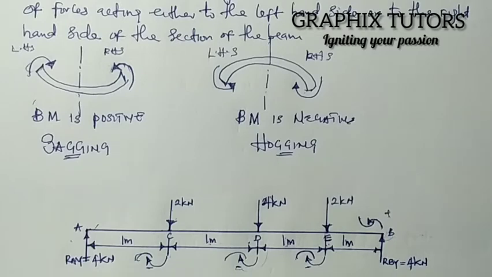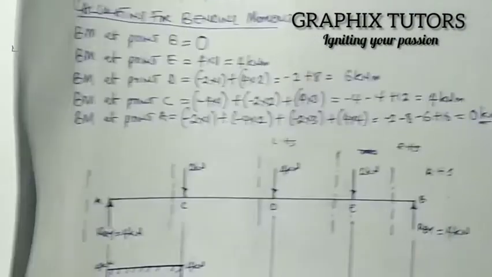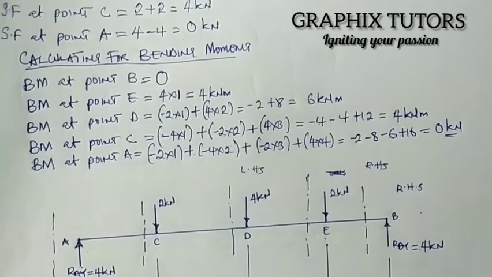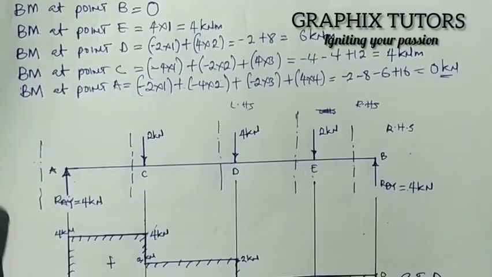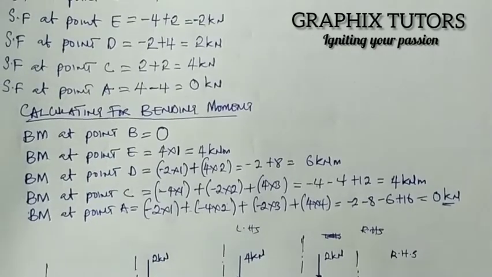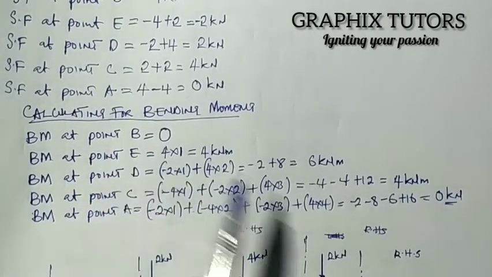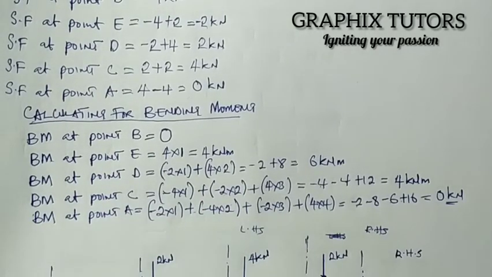Now it's for us to draw our shear force and bending moment diagram. Still in the same diagram that we use here, we say that the bending moment at point 0 is this. So let's focus on the same diagram.